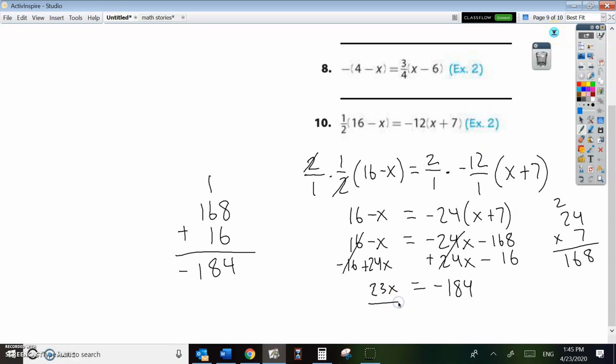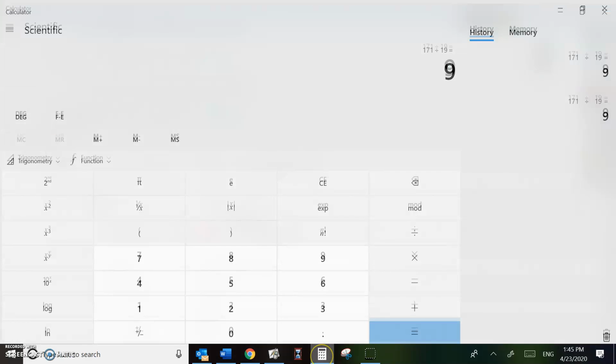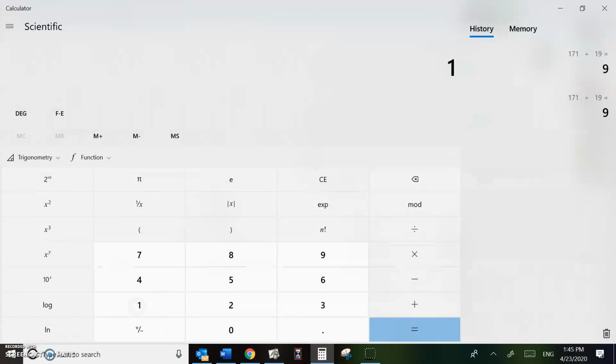Okay, divide both sides by 23. X equals negative 184 divided by 23 equals negative 8.